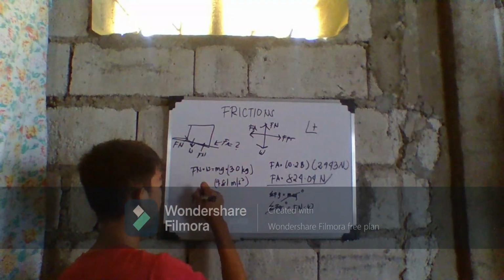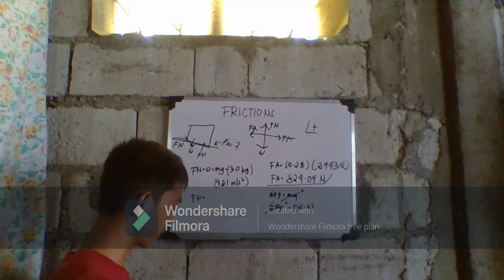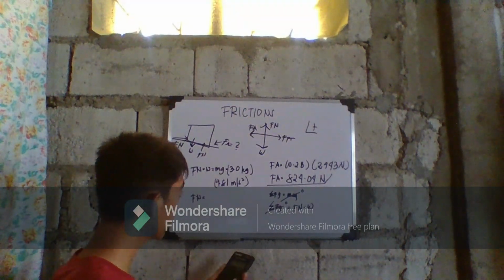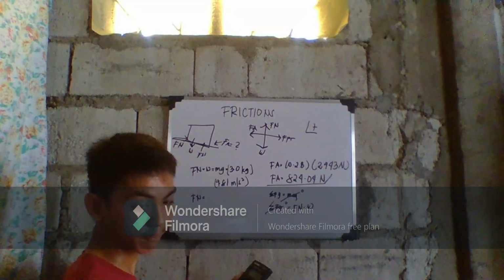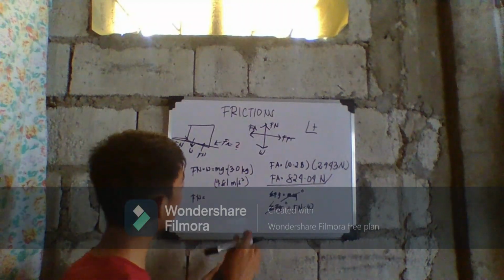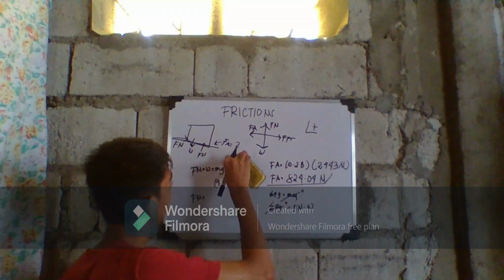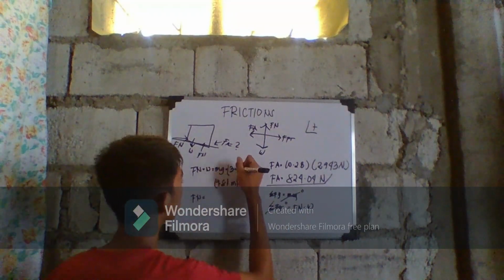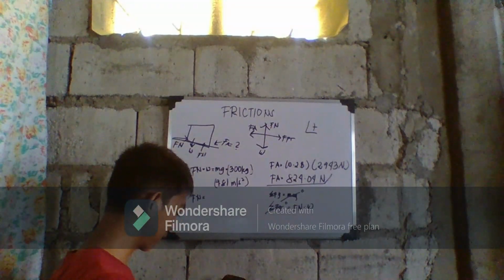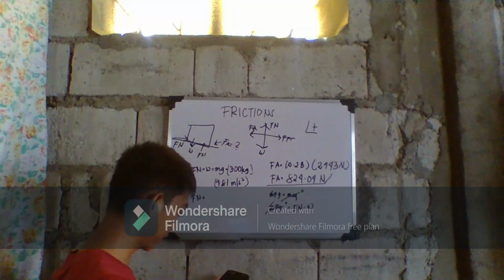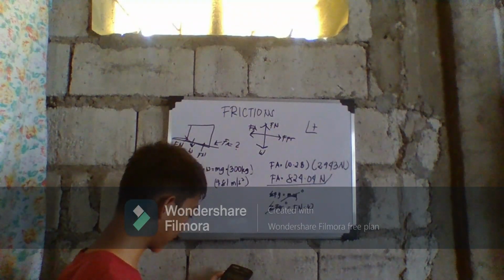F_N natin by calculating, meron tayong, ipit lang ulit natin, 300 pala, sorry, hindi pala ito, 300 kilogram pala. 300 kilogram times 9.81 meter per second squared.